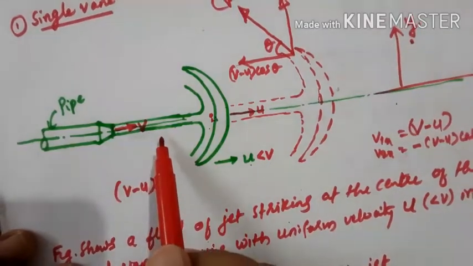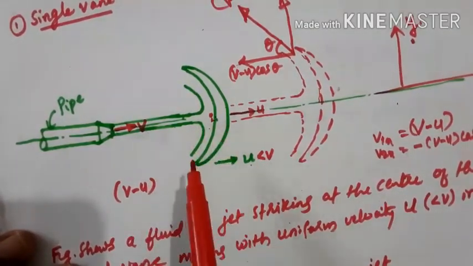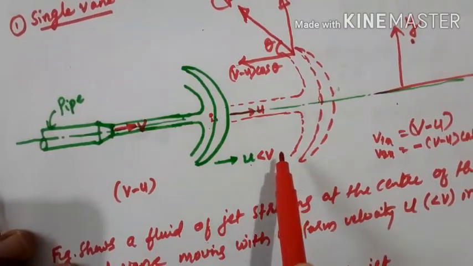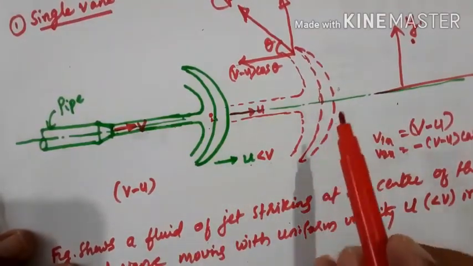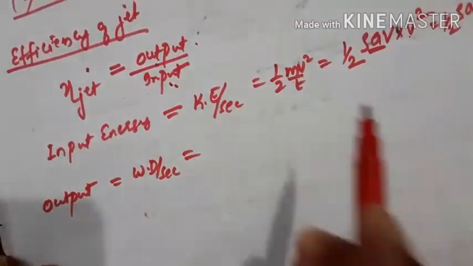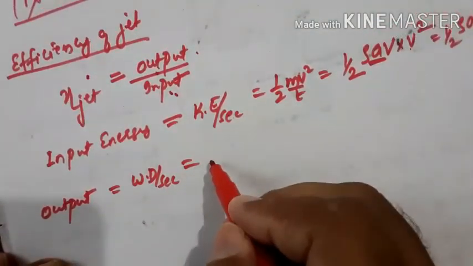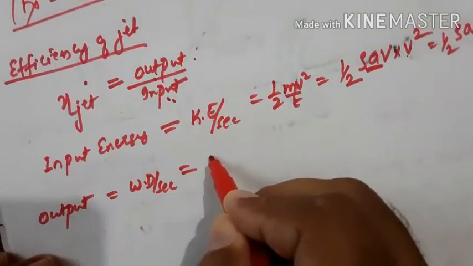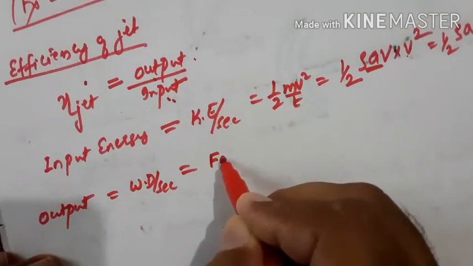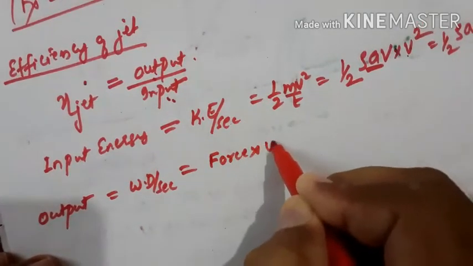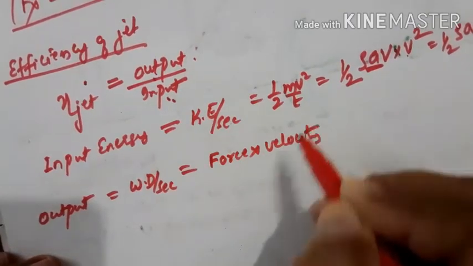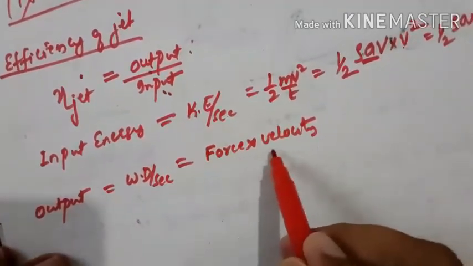In this case the jet is striking the vane and the vane is moving, which means work is being done. Hence work done per second is force into velocity. This we have derived.